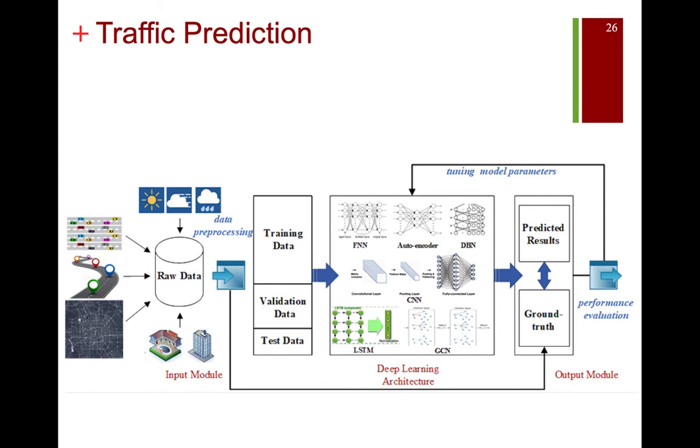But in recent years, many deep learning based models are proposed for the traffic prediction, and the overall framework of the models applying the deep learning techniques actually looks like this picture. The input data is usually formed by traffic measurements in the previous several time steps.